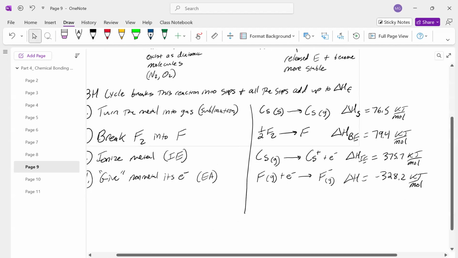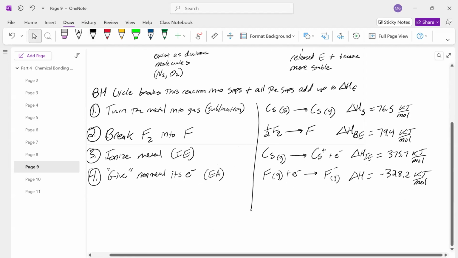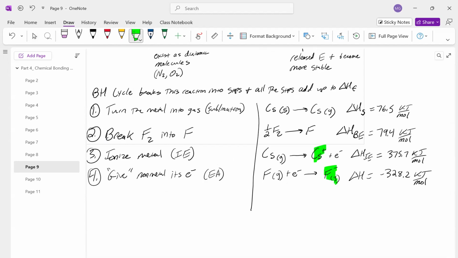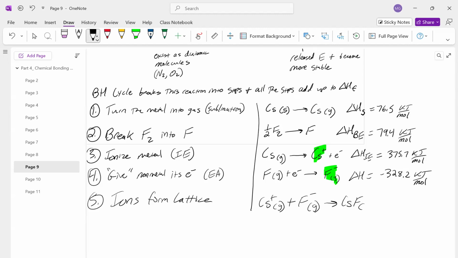Now the last step in this cycle, now that we have our ions, so ion here, ion here, the last step is I'm going to take those ions to form a lattice. So cesium plus and fluorine minus is going to make cesium fluoride.